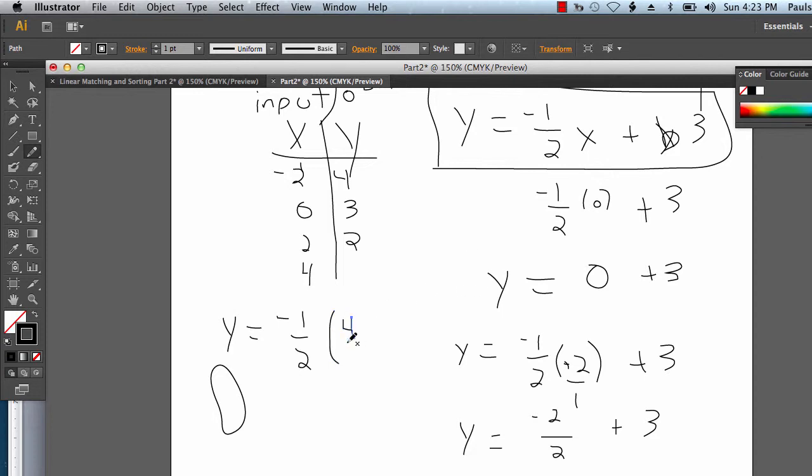So let's plug in 4 over 1 plus, we always have this plus 3. That's the equation. Negative 1/2 x plus 3. So when we multiply, you get negative 1 times 4, which is negative 4. 2 times 1, which is 2. Plus 3.